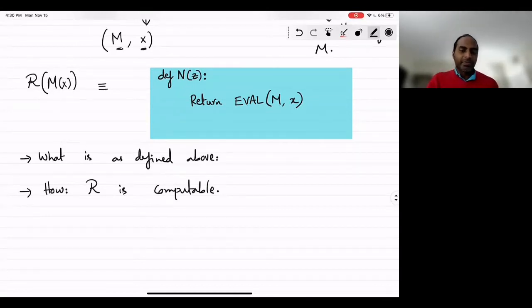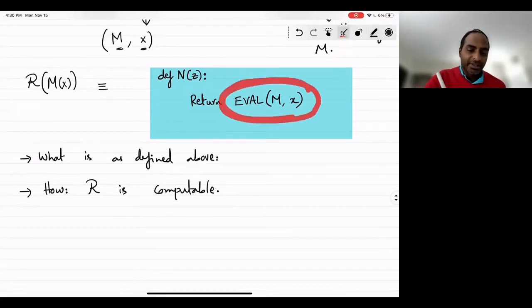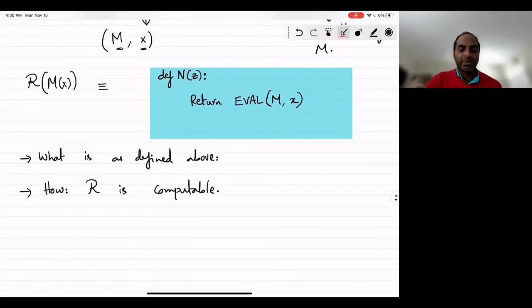But what does it mean to say R is computable here? We are not going to run eval of M comma X. We are just going to write down the description of the program which asks you to do that. It's just processing one text file, which is the description of M, to another text file which corresponds to this program. It is not executing M on X. That is very important, even though it's a little confusing.